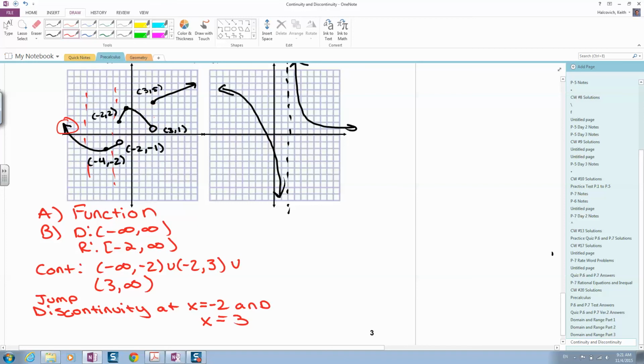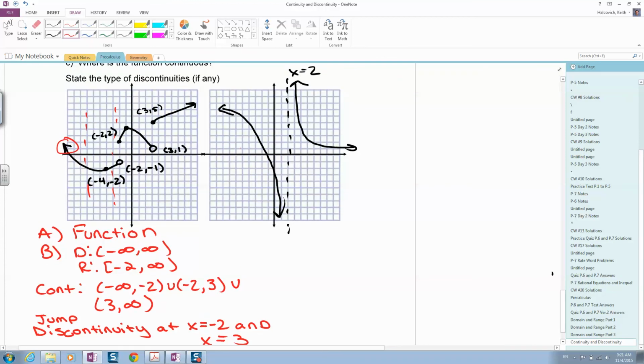All right, for this next one, notice it is a function. It passes the vertical line test. The domain, notice the domain, it's all real numbers except for x equals 2.